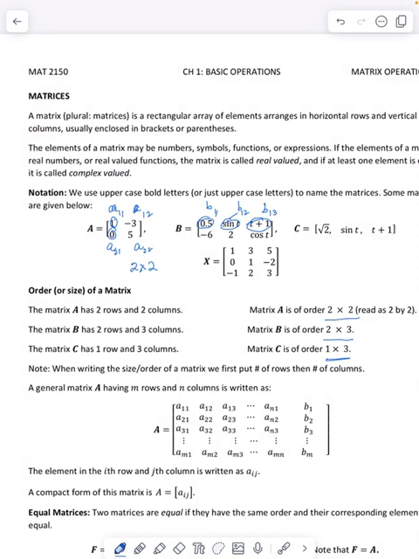Always remember that when you consider the size or order of a matrix, you always say the number of rows first and then the number of columns. In general, here we have a matrix A with m rows, because going downwards 1, 2, 3, 4, we end up at m. And this is n, so n columns, but there is an extra column here, the n plus 1th column. We usually write this as an augmented matrix.